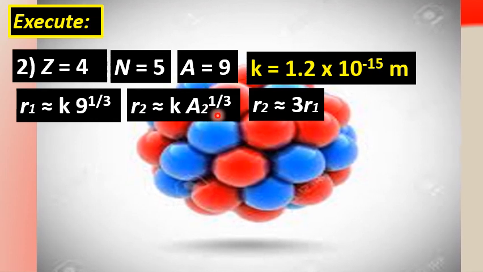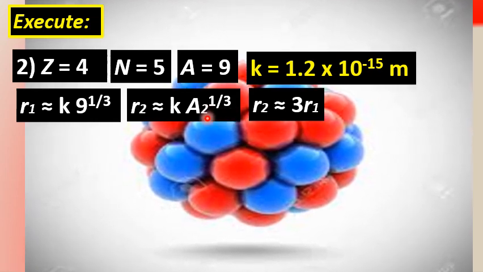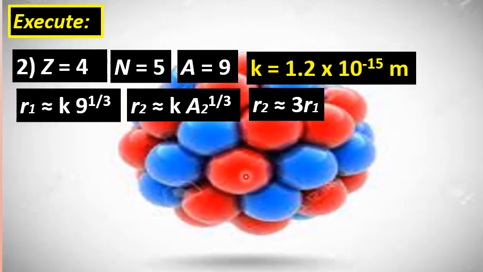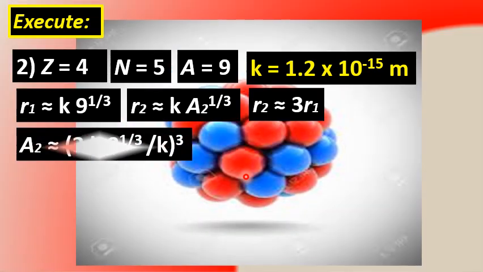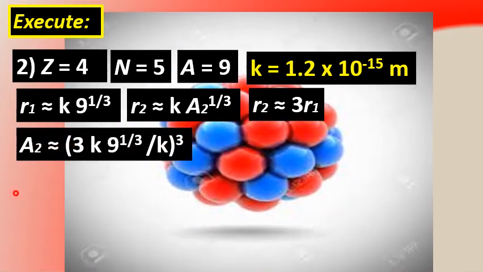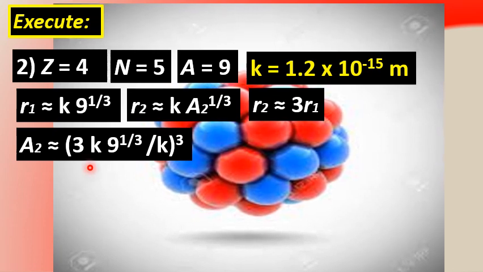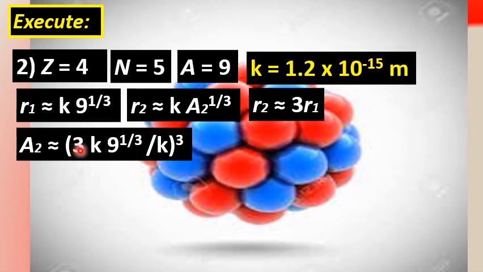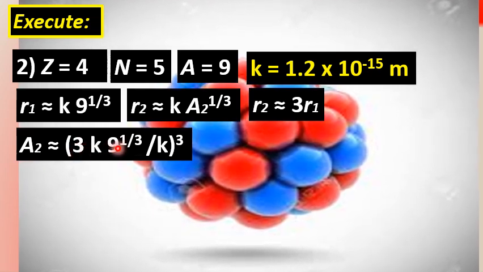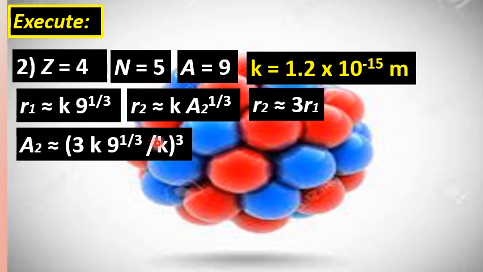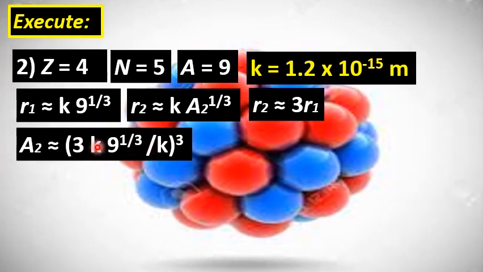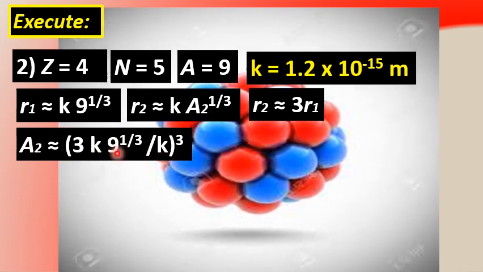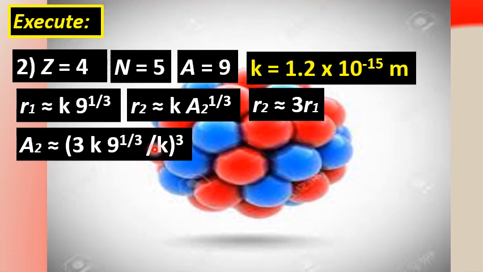Since we're looking for the mass number of this unknown nucleus, capital A sub 2, we are going to isolate that and come up with this equation for A sub 2, which is nearly equal to 3 multiplied by the constant K and the cube root of 9, and then divided by the constant K. They are all inside the parentheses, and the value of that quantity inside the parentheses still has to be cubed.